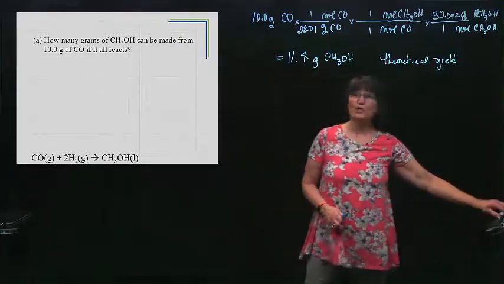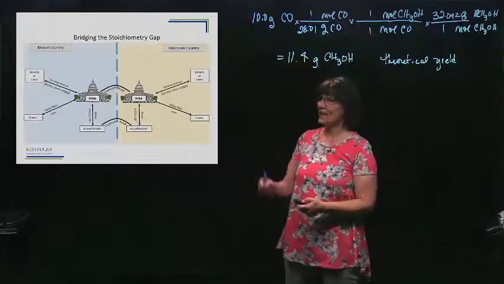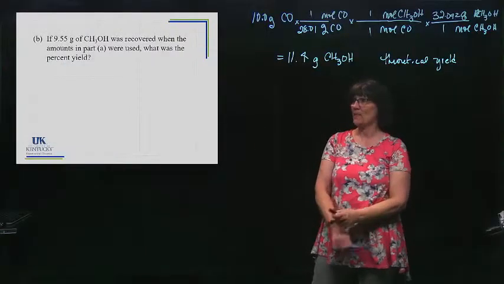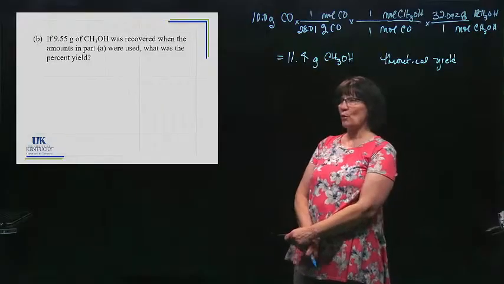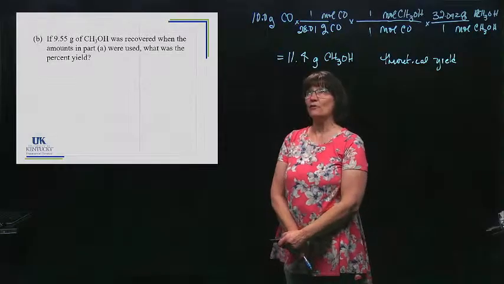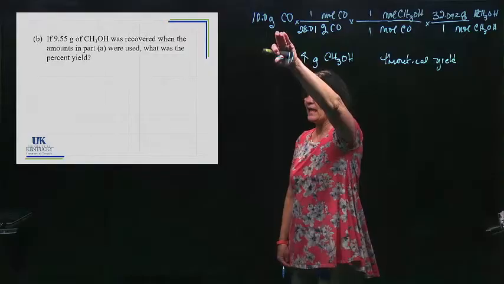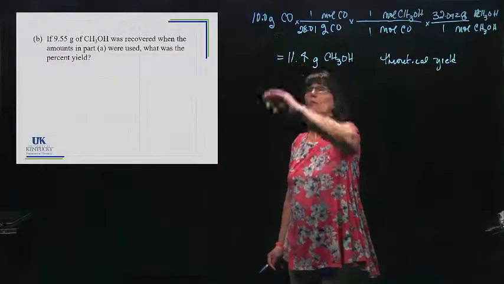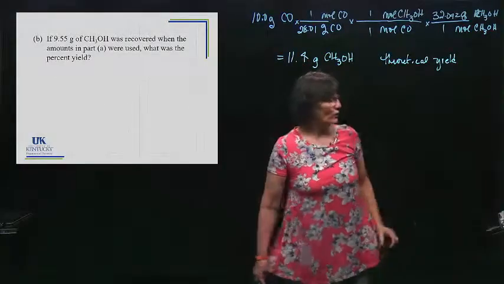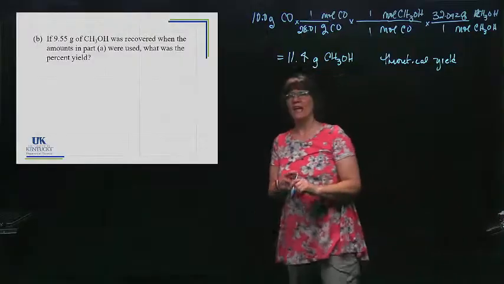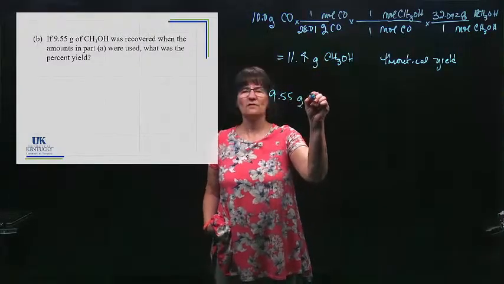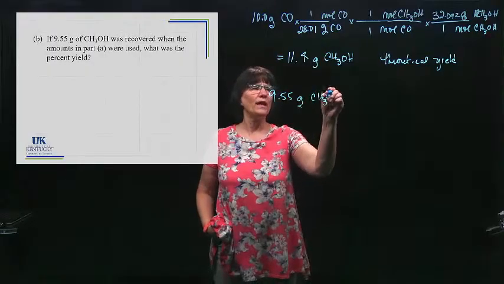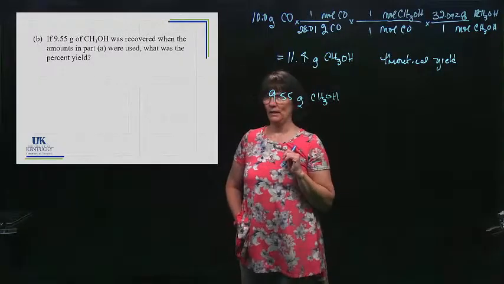All right, let's move on to the next part of this question. It says A, so there must be a B. I did that part. B: if 9.55 grams of methanol was recovered when the amounts in part A were used, what's the percent yield? So the question I have for you is, they gave me 9.55 grams of CH3OH. What is that they've given to me?